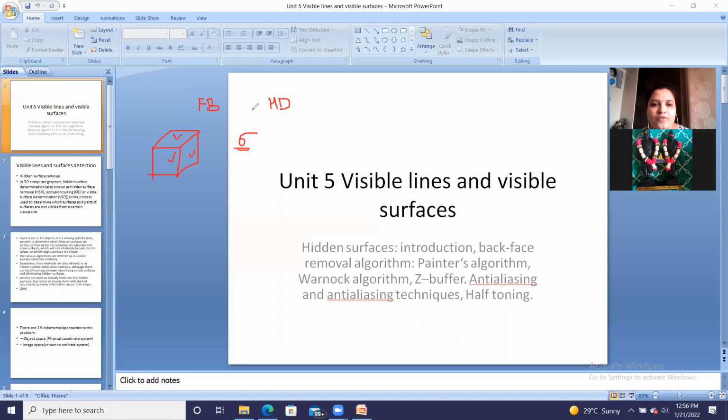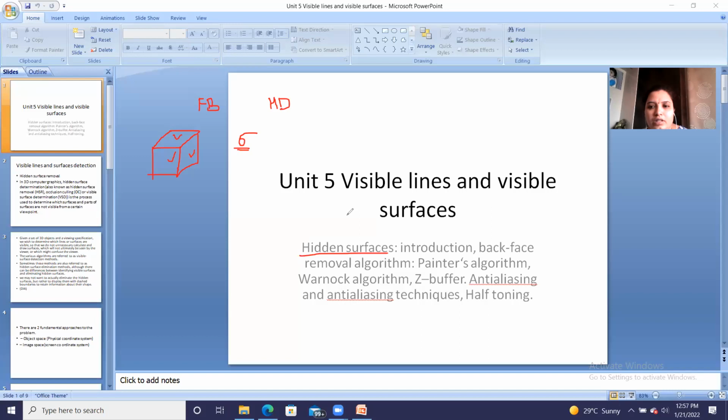Unnecessarily fetching the information of the back faces or hidden surfaces creates a higher memory requirement. Instead, the memory requirement will be less if we remove the hidden surfaces from our objects. Okay. Is there any difficulty?